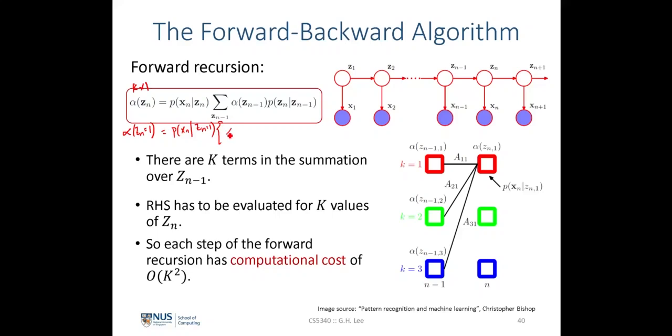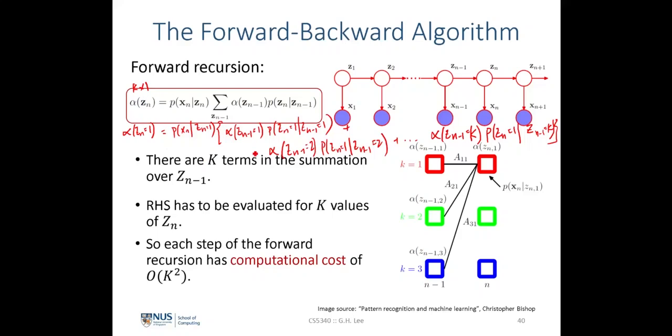What this means is that we are looking at alpha Zn minus 1 equals to 1 multiplied by p of Zn equals to 1, conditioned upon Zn minus 1 equals to 1, plus alpha of Zn minus 1 equals to 2 multiplied by p of Zn equals to 1, conditioned upon Zn minus 1 equals to 2, plus all the way until Zn minus 1 equals to k, multiplied by p of Zn equals to 1, conditioned upon Zn minus 1 equals to k. And this would be the evaluation term for the first entry of alpha.